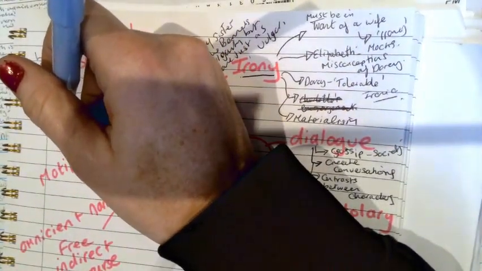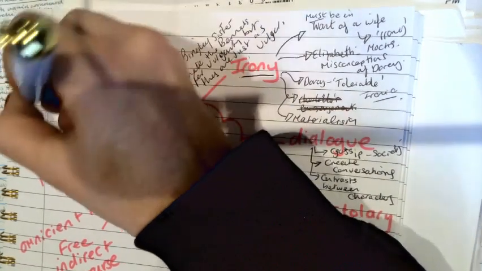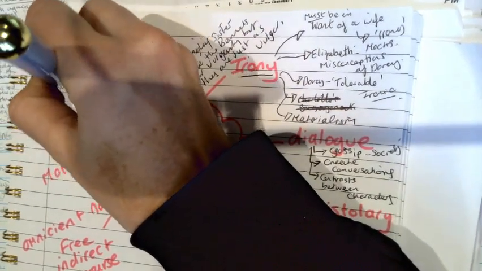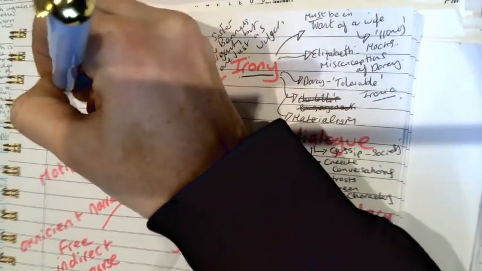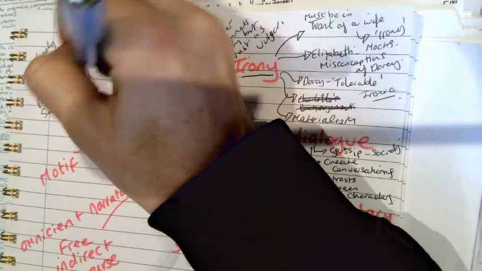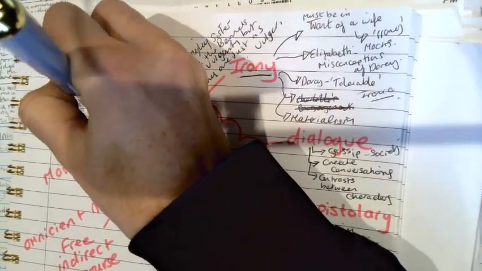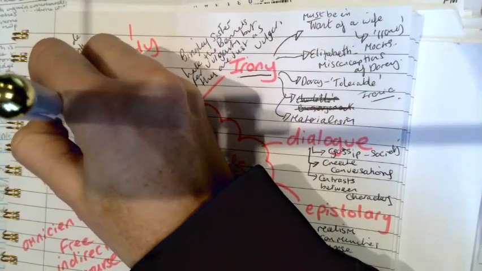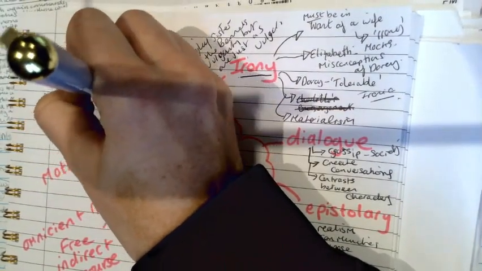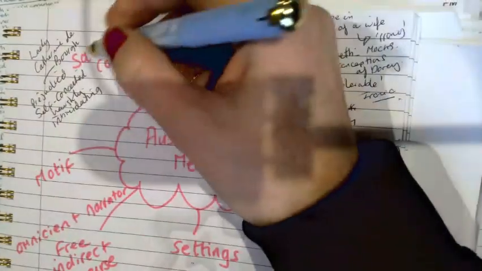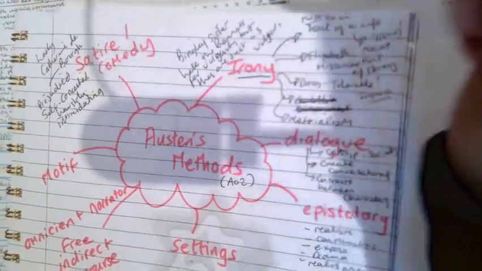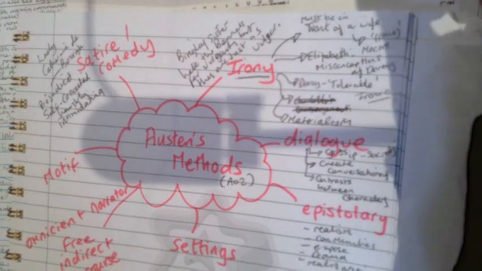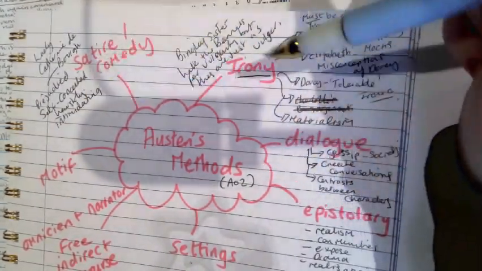She is self-conceited. She's haughty. She's intimidating. You know, she's got so many characteristics that really present her as not a very nice person. So there's lots of satire here.